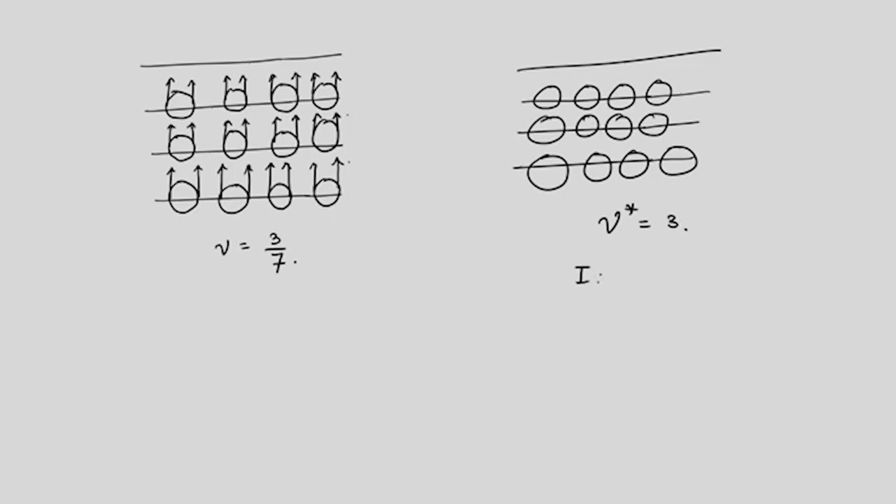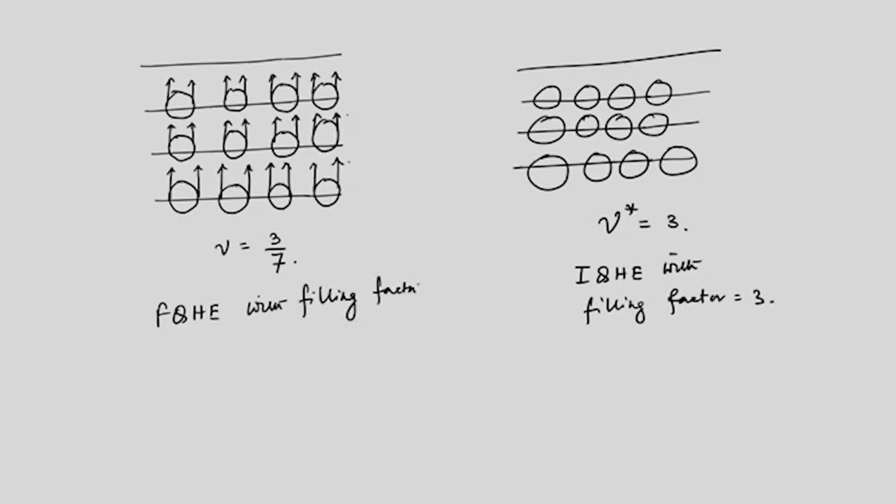This shows IQHE with filling factor equal to 3, and this corresponds to the FQHE with filling factor equal to 3 by 7. So the problem of FQHE becomes a problem of IQHE of the composite fermions.